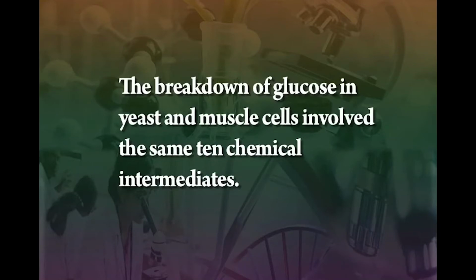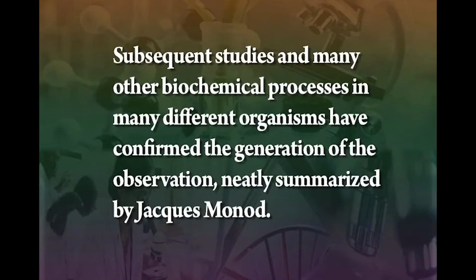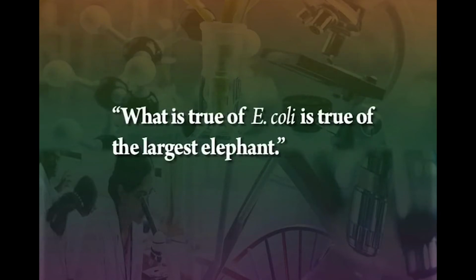The breakdown of glucose in yeast and muscle cells involved the same 10 chemical intermediates, the same enzymes, through evolution. Subsequent studies of many other biochemical processes in many different organisms have confirmed this observation, neatly summarized by Jacques Monod as: what is true of E. coli is true of the largest elephant. So, the current understanding that all organisms share a common evolutionary origin is based in part on this observed universality of chemical intermediates and transformations.